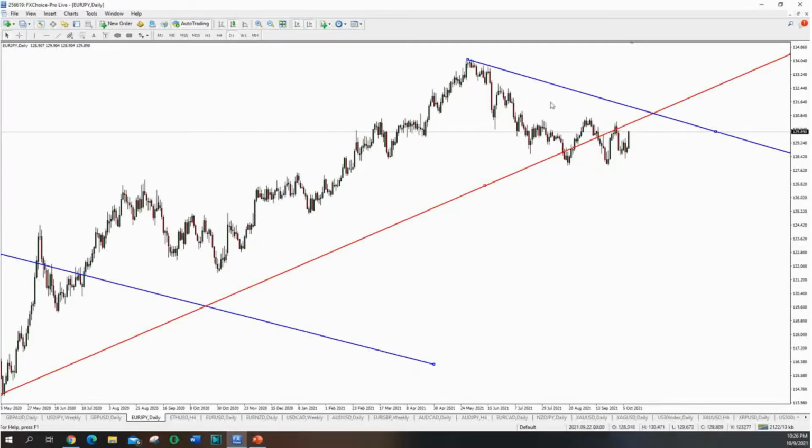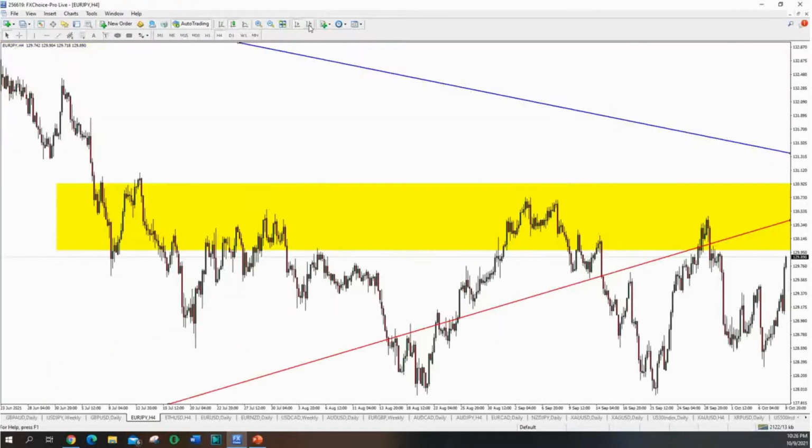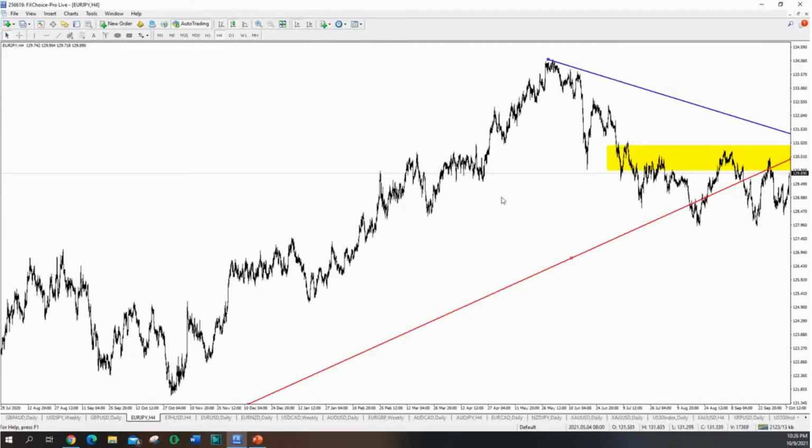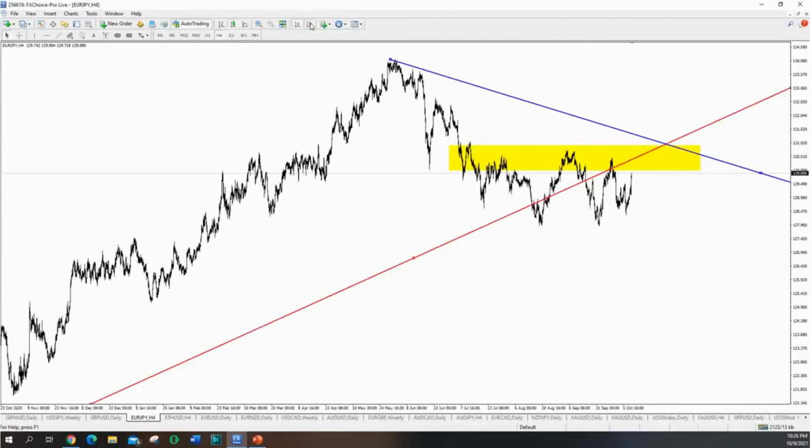So anywhere around here is gonna be a good place to sell. So let's see the 4 hour time frame.